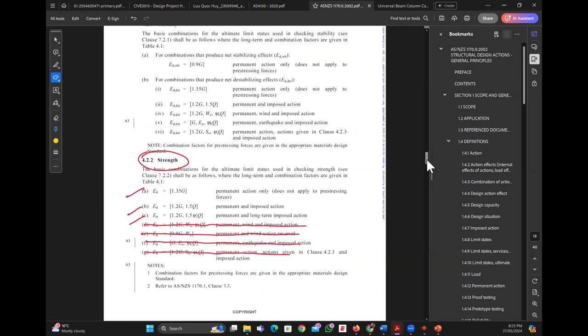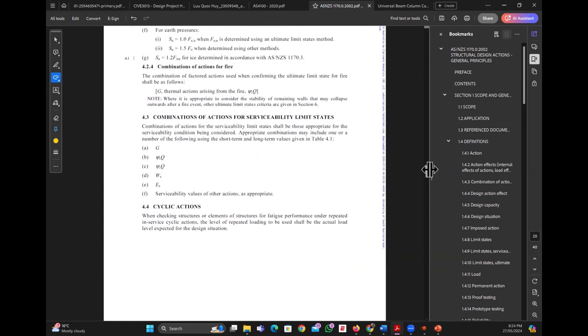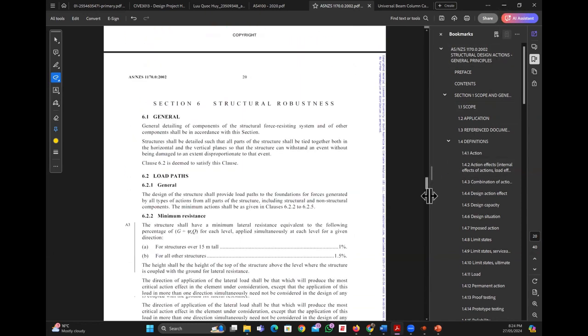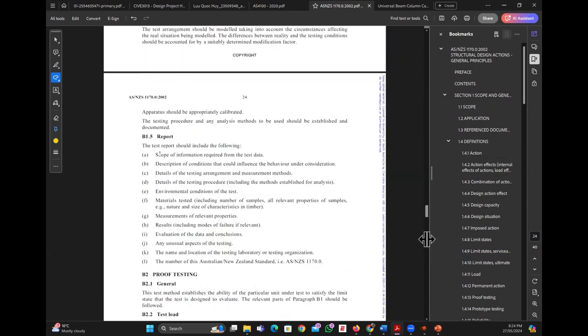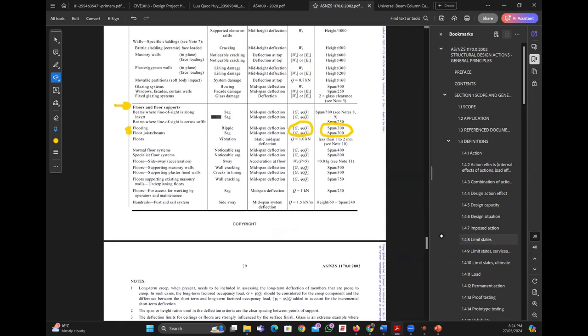There is also a serviceability load combination somewhere here. So this is the serviceability load combination here. We will be looking at G plus psi L Q. You don't need to find it from here, but if you want, it is here as well. So the combination for serviceability is G plus psi L Q. Okay.